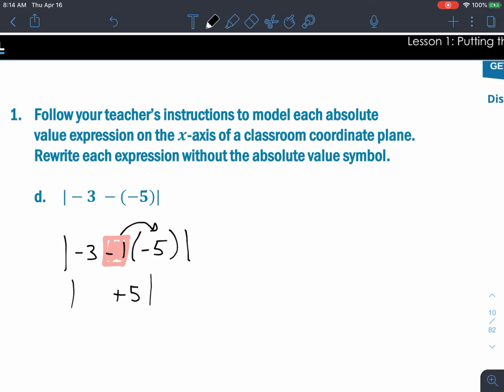So -3 plus 5 ends up being 2. And after the absolute value is done, the answer is just 2. So this is a little easy with the absolute value. I'm giving you easier numbers right now.